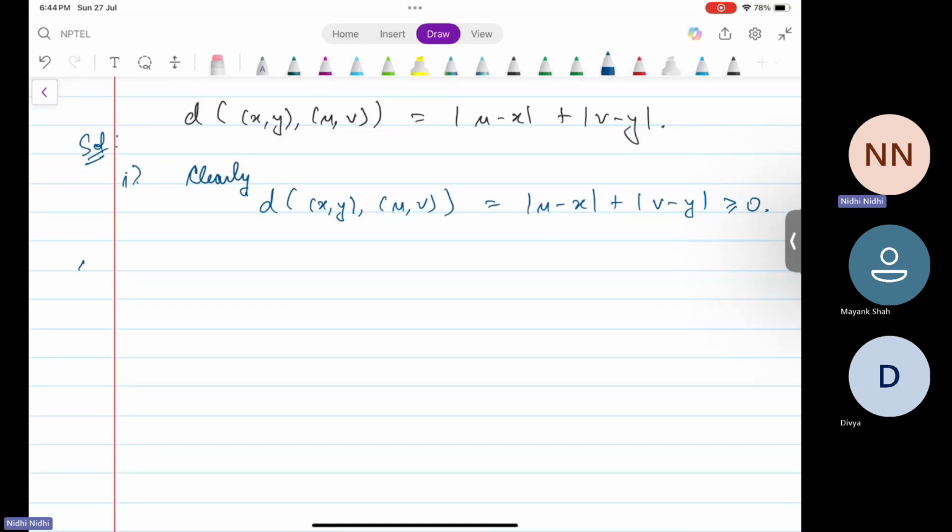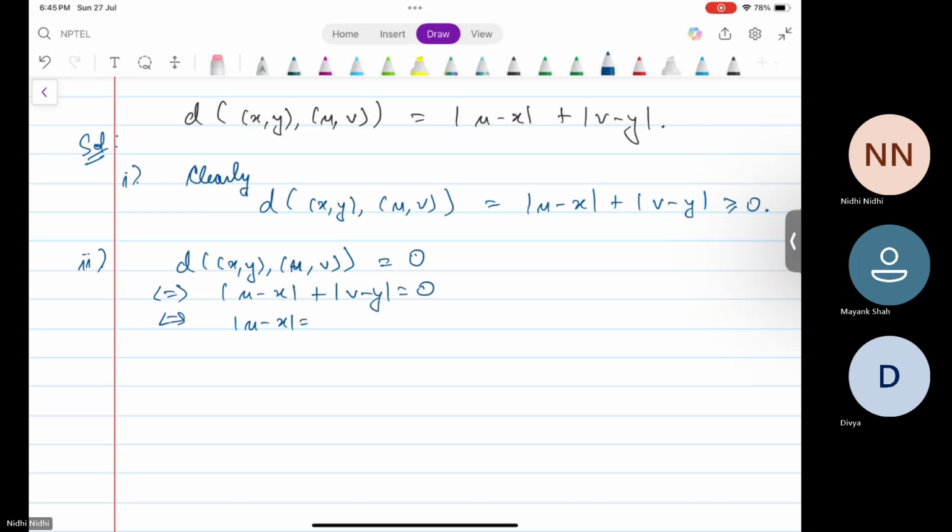Next, we will see that d of (x,y) comma (u,v) is equal to 0 if and only if, by definition, mod u minus x plus mod v minus y is equal to 0. Now, a sum of two non-negative terms is 0 if and only if the two terms are 0 themselves. So mod u minus x is 0 and mod v minus y is equal to 0.